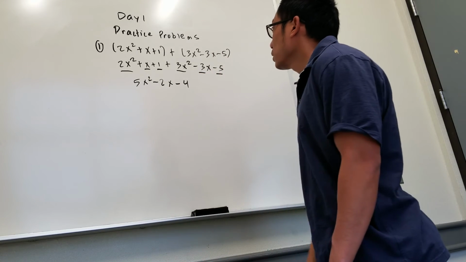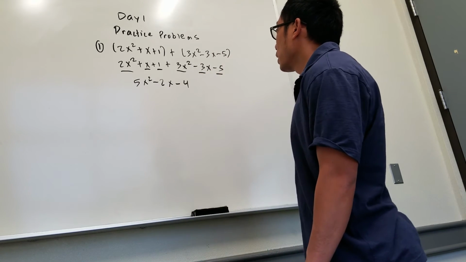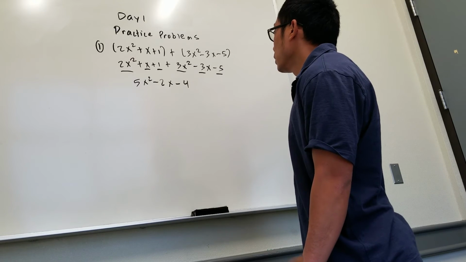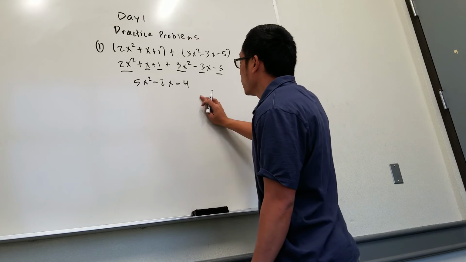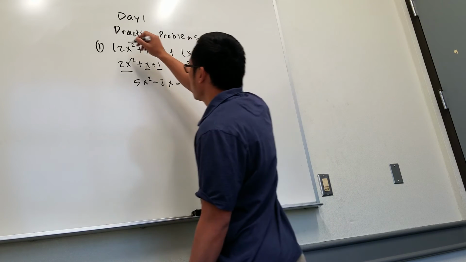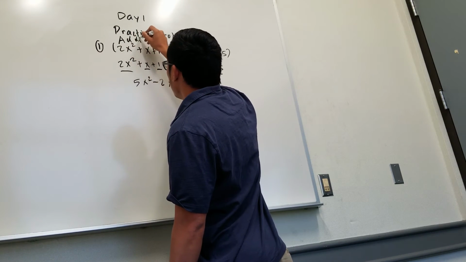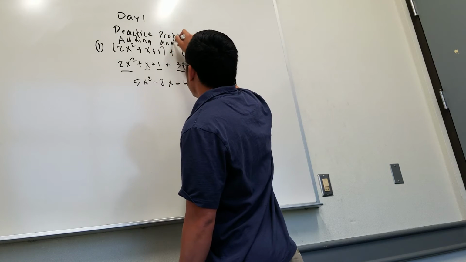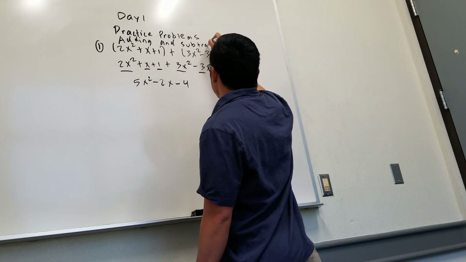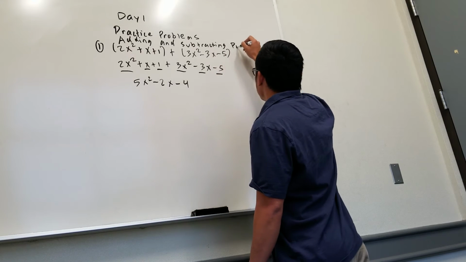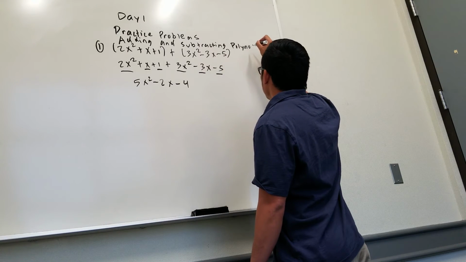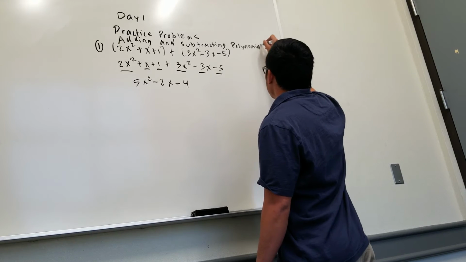So I should have told you the step what we're supposed to do, but you guys know what the process was, which is good. So adding and subtracting polynomials, that's what we're doing now.